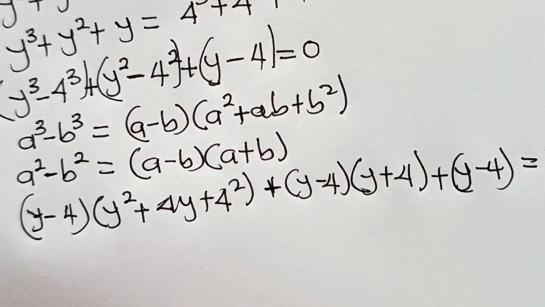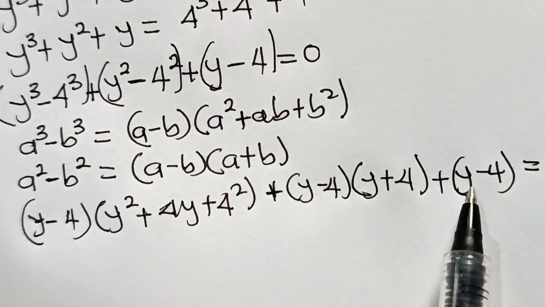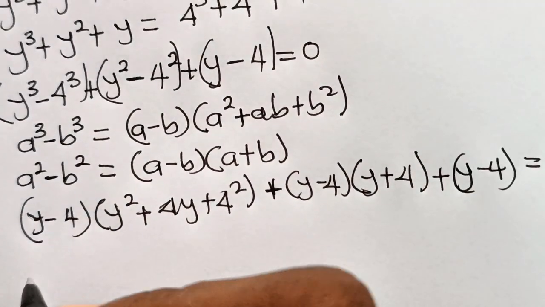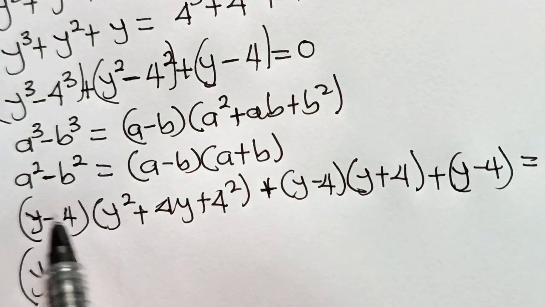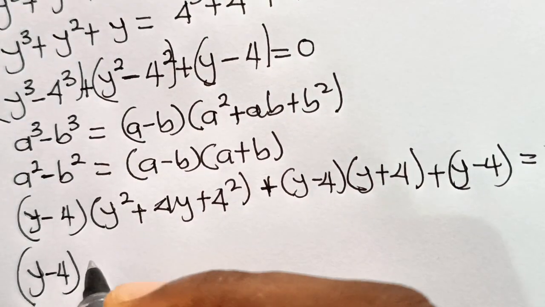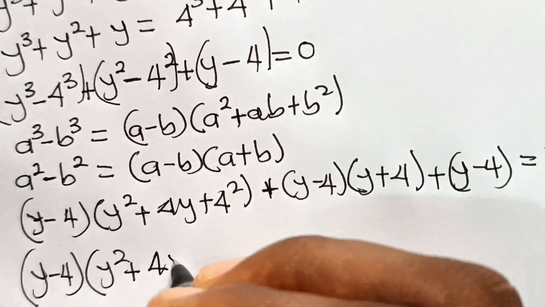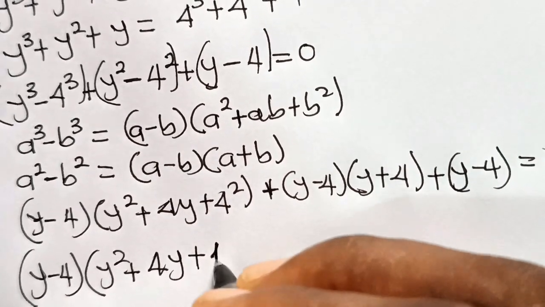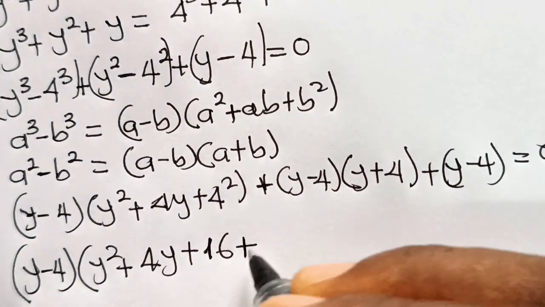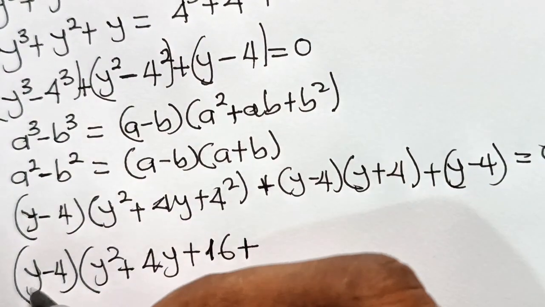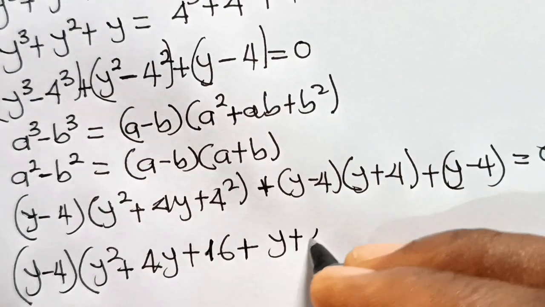Now we have y minus 4 in all three terms. Let's factorize that out, y minus 4. When this is divided by y minus 4, we are left with y squared plus 4y plus 16, because 4 squared is 16. Then plus, when this is divided by y minus 4, we are left with y plus 4.